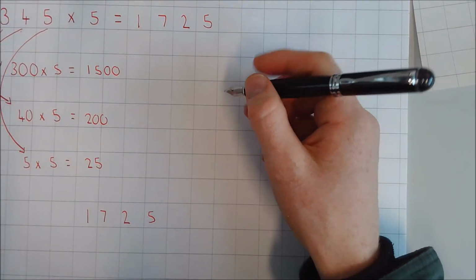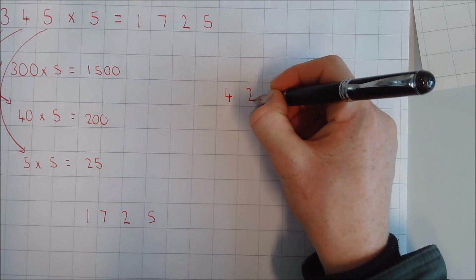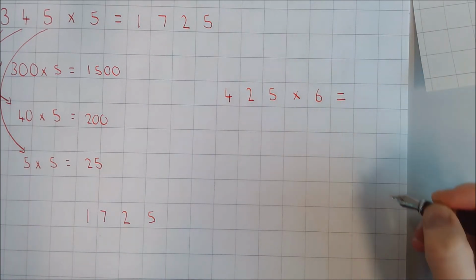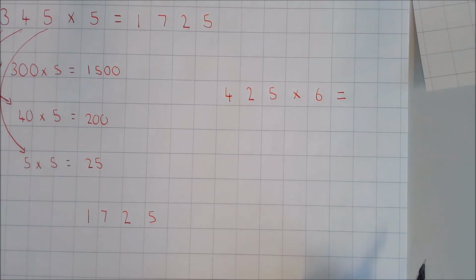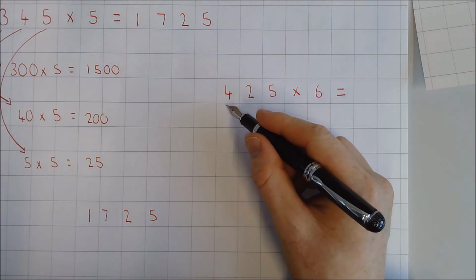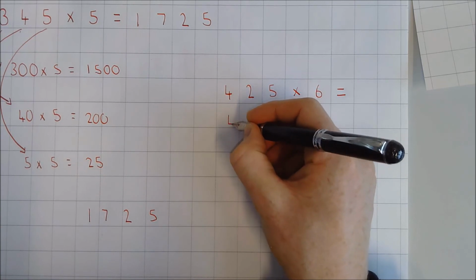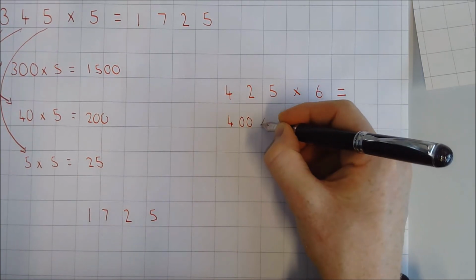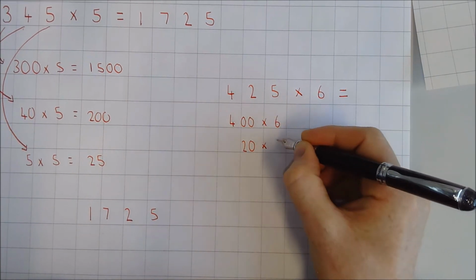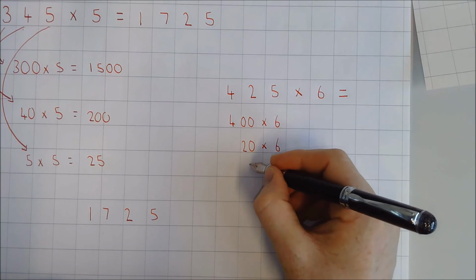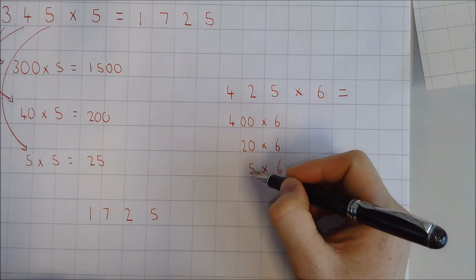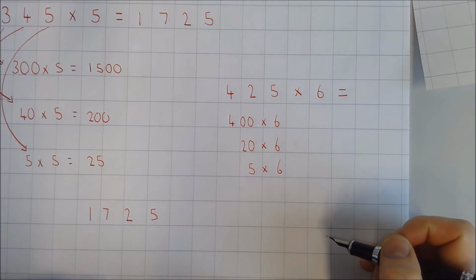How would you partition this multiplication? Hopefully you said you would do 400 times 6, 20 times 6 and 5 times 6, so that altogether you would have 425 times 6.